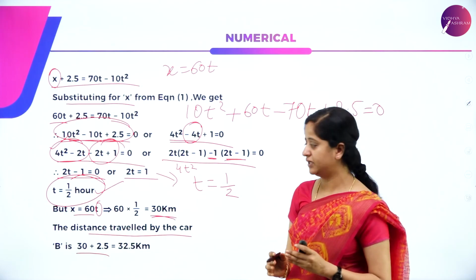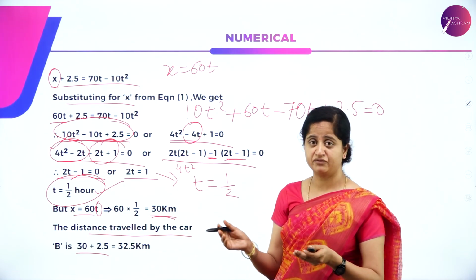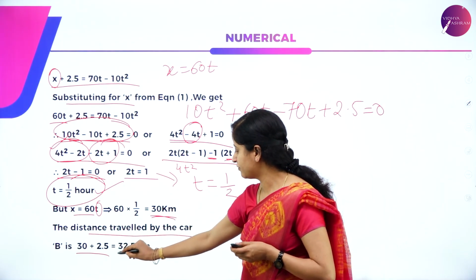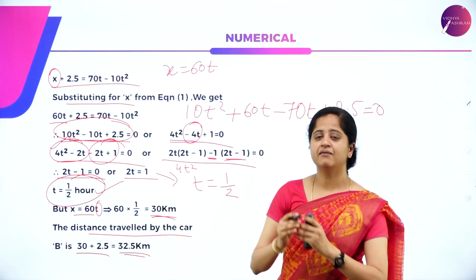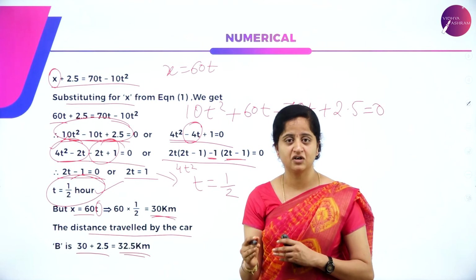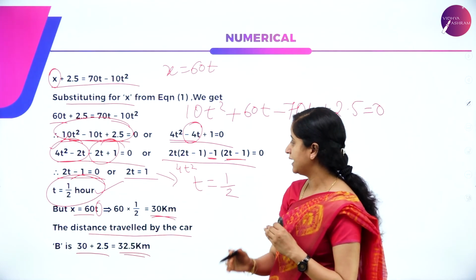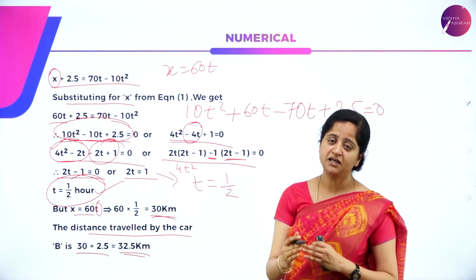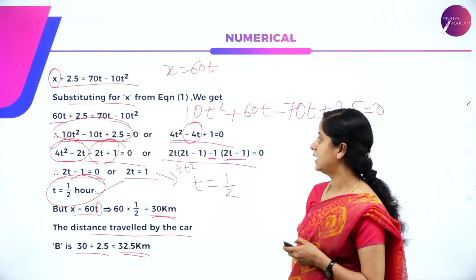So x value is known to us now, that is 30 kilometer. So x plus 2.5 we have to find, that is 30 plus 2.5, which is nothing but 32.5 kilometer. So after travelling a distance of 32.5 kilometer, car A and car B will catch up together, and the time taken for car B to catch up with A is half an hour, that is 0.5 hours.